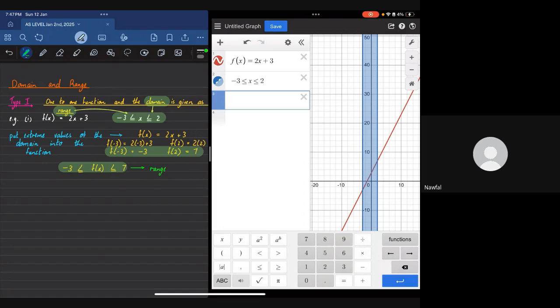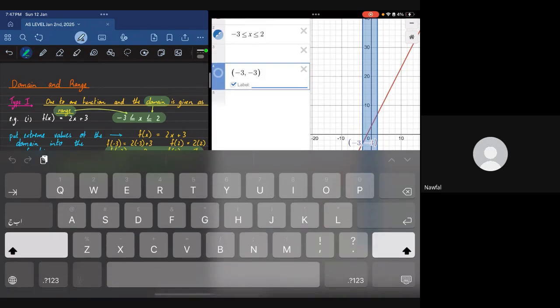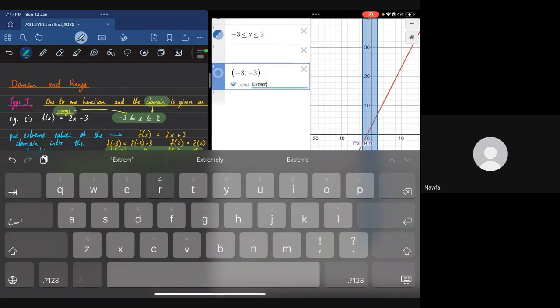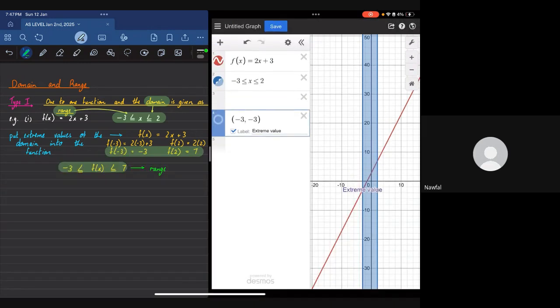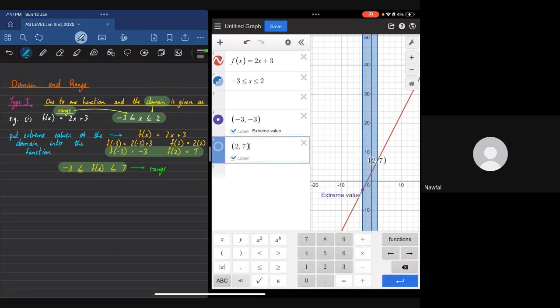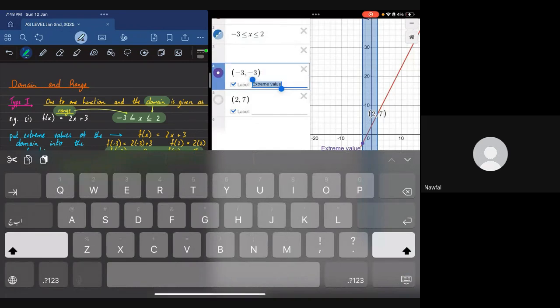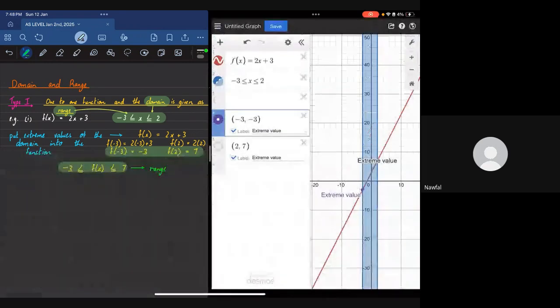Now, if I look at my extreme values, this is also an extreme value of my domain, and it has a corresponding value. This is also my extreme value.